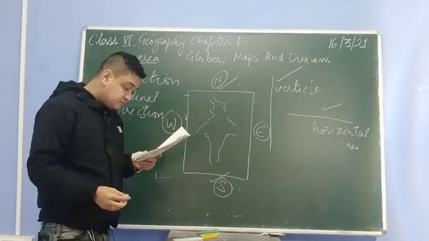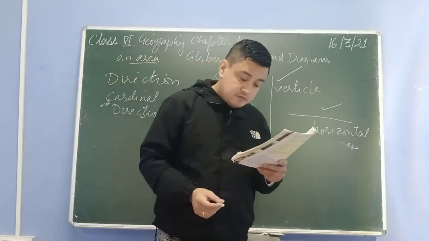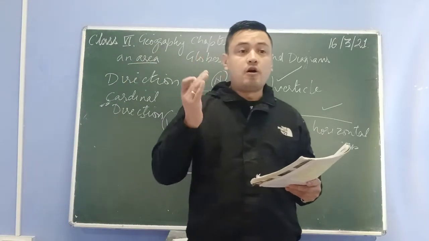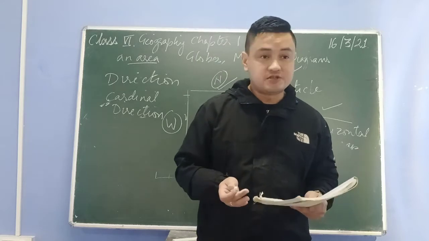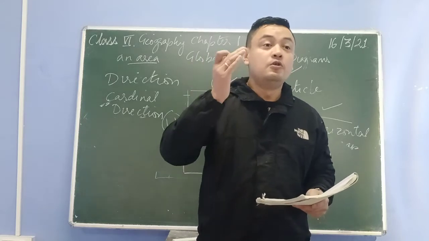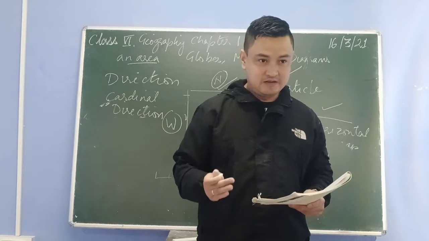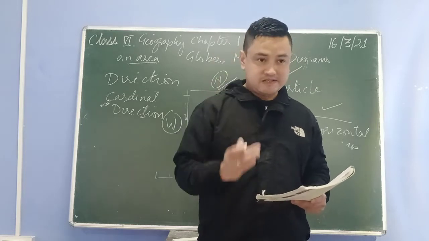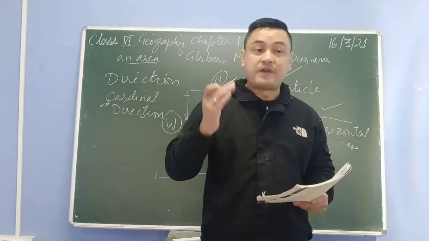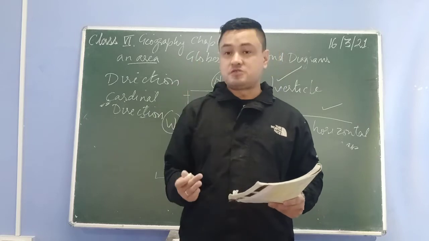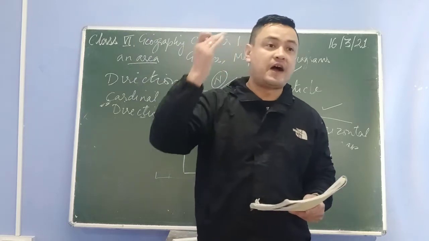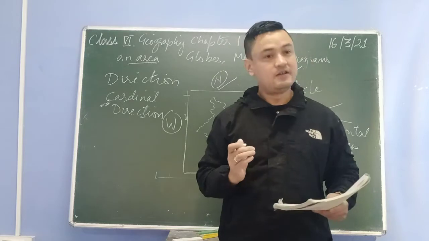Now, why do we need north, south, east and west as cardinal directions? Because it helps us to find or locate a place. It might be your friend's house also. If you want to find your friend's house, this direction helps you to find it.